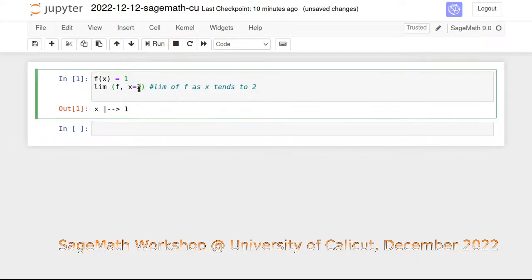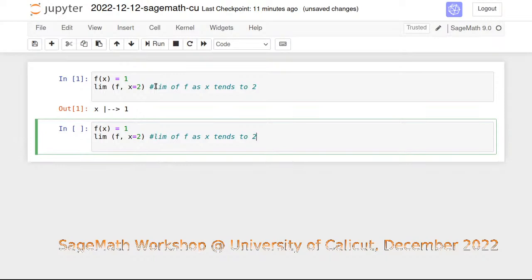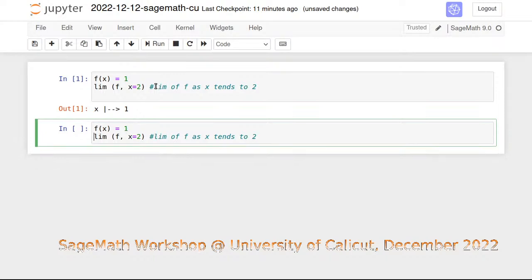Now let us try to modify the function. Suppose we give f(x) equal to sin x, and see what the limit is as x tends to 2.